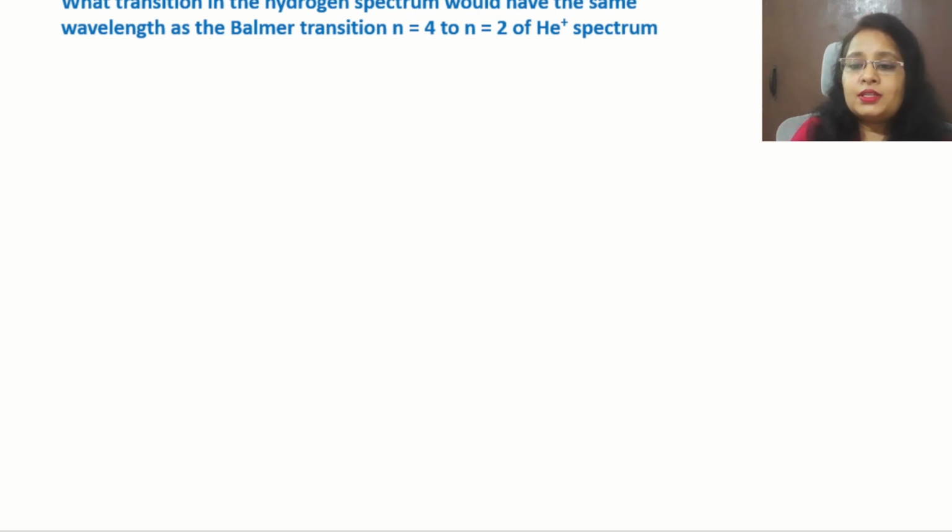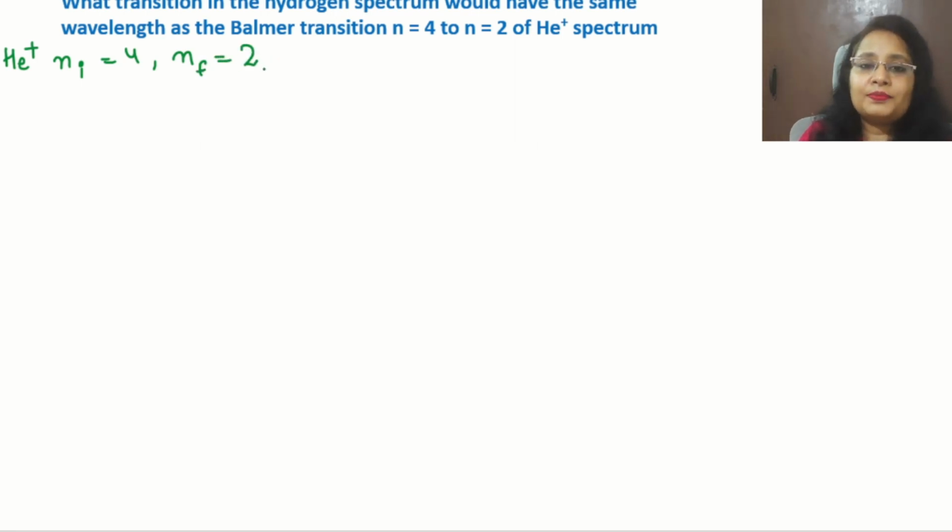So here, friends, they are giving that for the helium ion, the transition of the electron starts from n = 4. So it will be n initial, that is 4, and it finishes at n = 2, which we can say is n final.